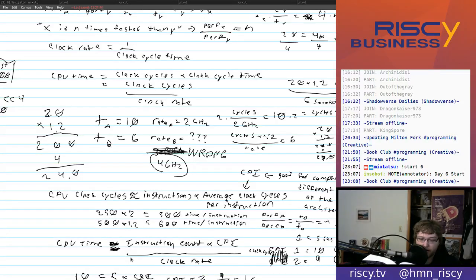So it says here, SPEC Power SSJ 2008, running on a dual socket 2.66 GHz Intel Xeon X5650 with 16 gigabytes of DRAM and one 100 gigabyte SSD.